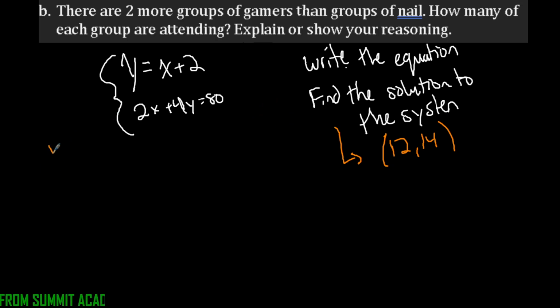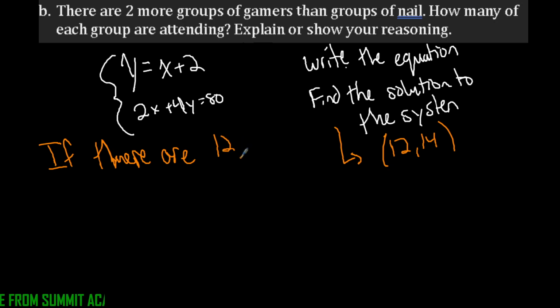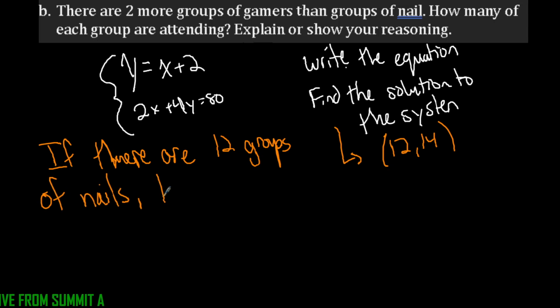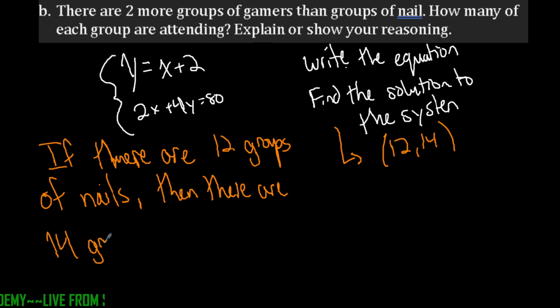We're saying if there are 12 groups of nails, that means there are 14 groups of gamers.